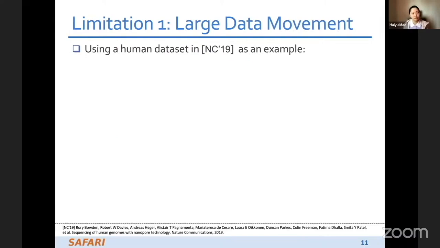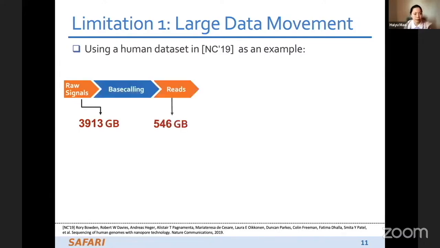In all of these steps, we found two main limitations. The first is large data movement. We use the human data set as an example to explain in detail. In this human data set, we have nearly 4,000 gigabytes of raw signals.